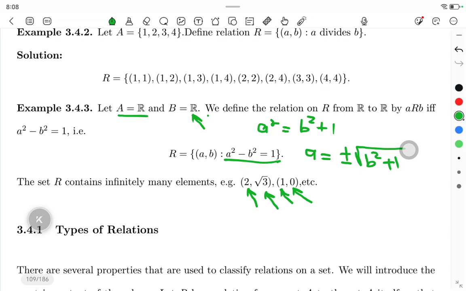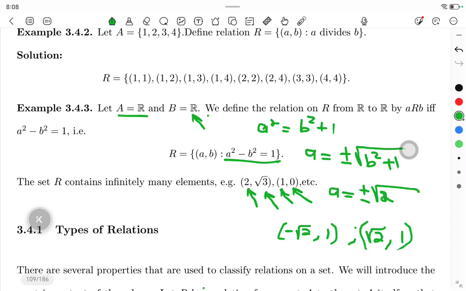So if B is 1, I know that A will be equal to, this is 2, plus or minus root of 2. So I know that this will be like this. I can also have this possibility, or I can also have this possibility.